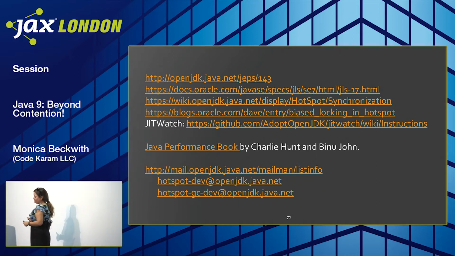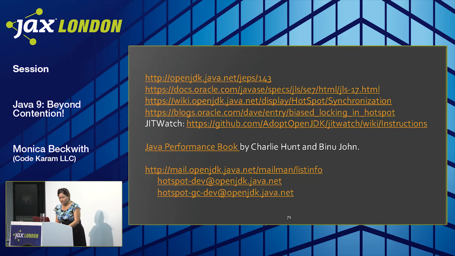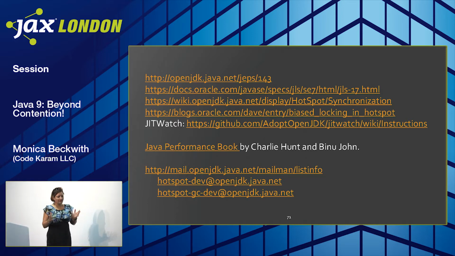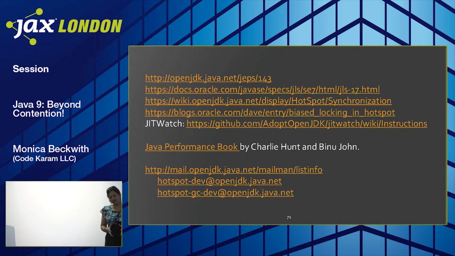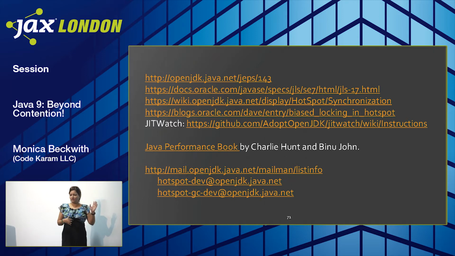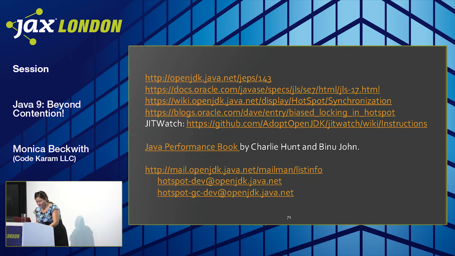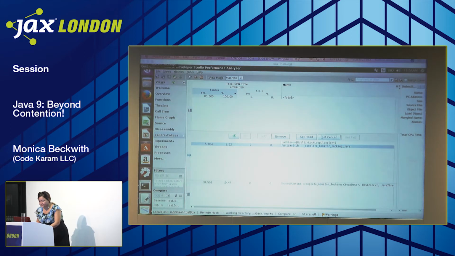What I want to do is take up the remaining time to show you some of the tools. And I also have a book, I should say that. I have a chapter in a book on Java 9, we're still deciding on the name of the book, and there's a chapter on performance optimizations in Java 9, and I covered this in detail in that book as well. But I want to show you the different tools that I use, okay?